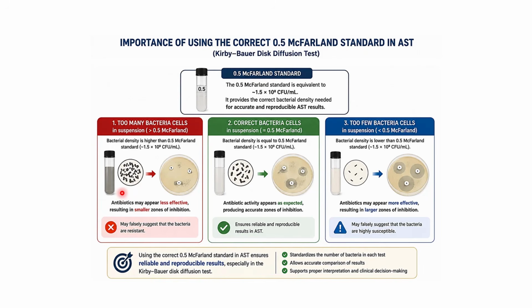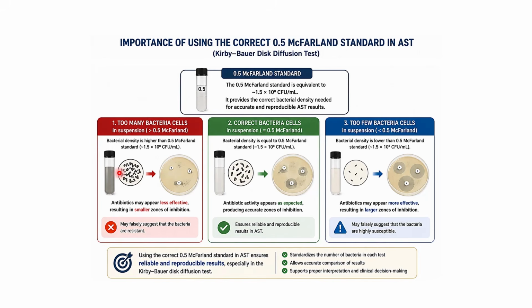Using a bacterial suspension that is more turbid than the 0.5 McFarland standard, 2. Using a bacterial suspension that has the same turbidity as the 0.5 McFarland standard, and finally 3. Using a bacterial suspension whose turbidity is less than that of the 0.5 McFarland standard.